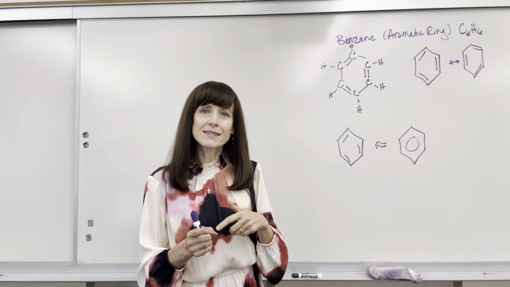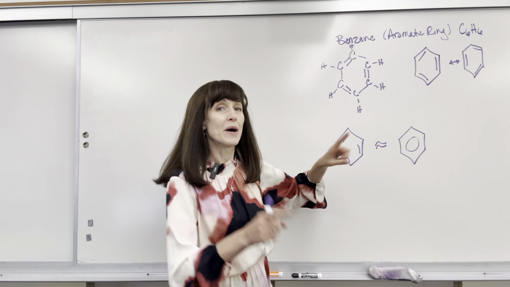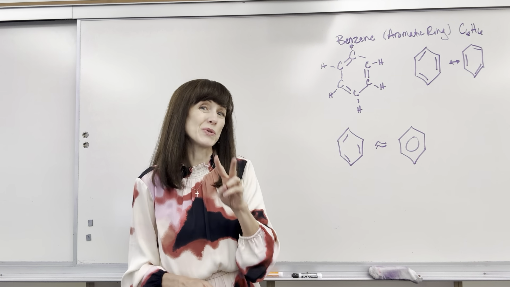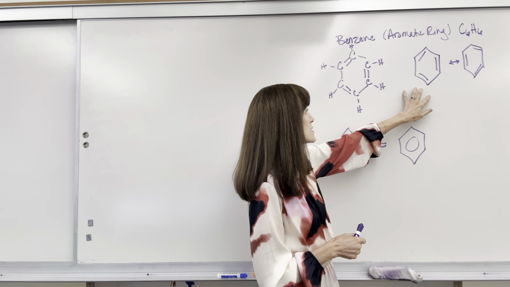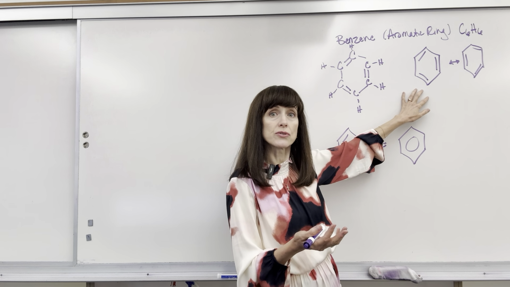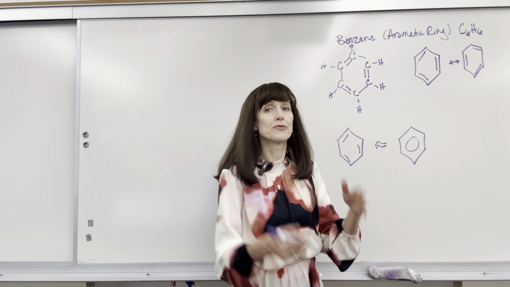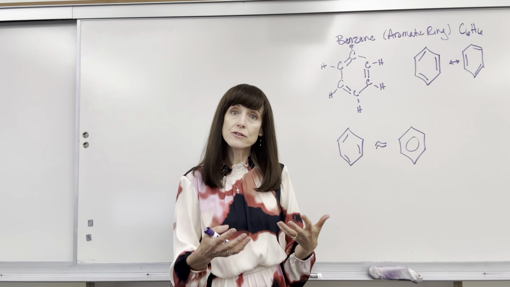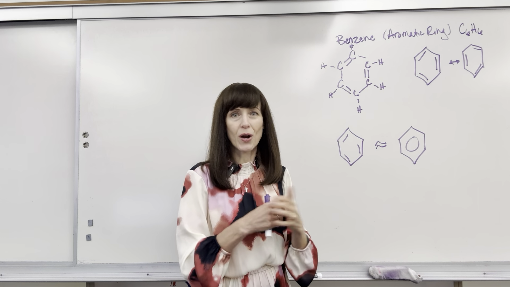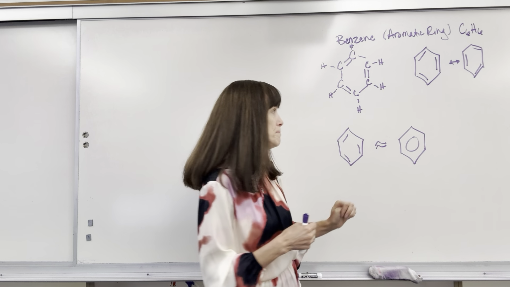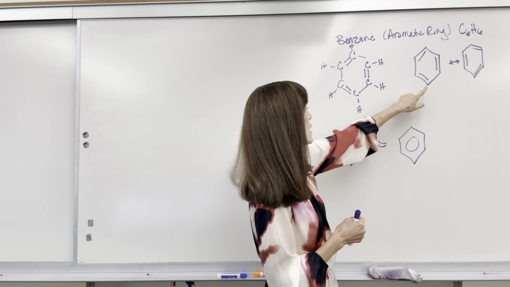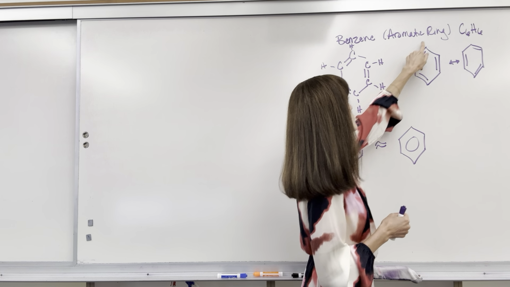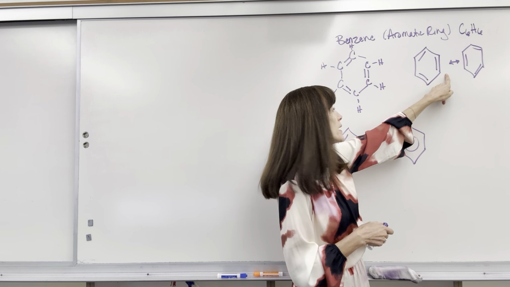Now, because we have these double bonds that resonate, we actually write this 2 ways. I can write it this way, so now I've just put it in the skeletal structure where I'm only showing the vertex indicating carbon, and we know that there's enough hydrogens to make sure that carbon has 4 total bonds. So our skeletal structure, I've got my 1, 2, 3, 4, 5, 6 of my carbons.